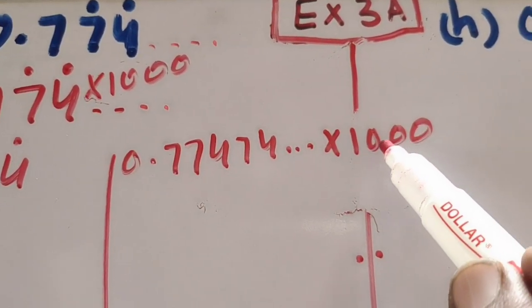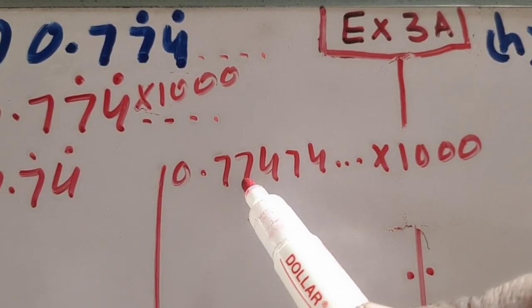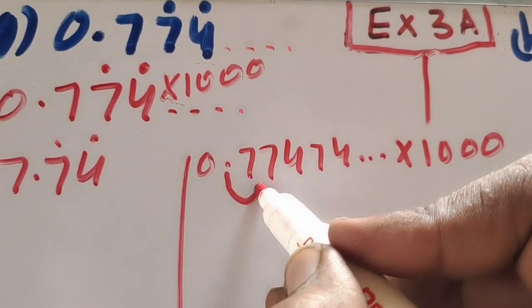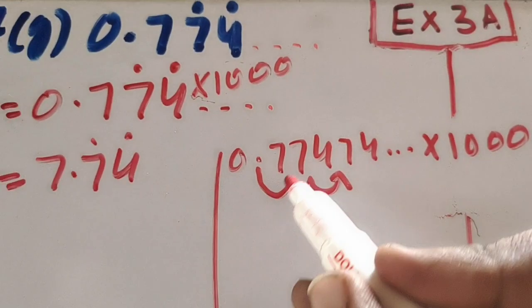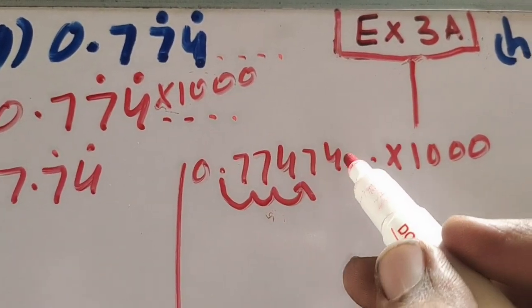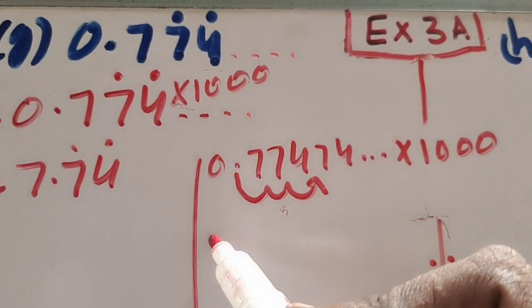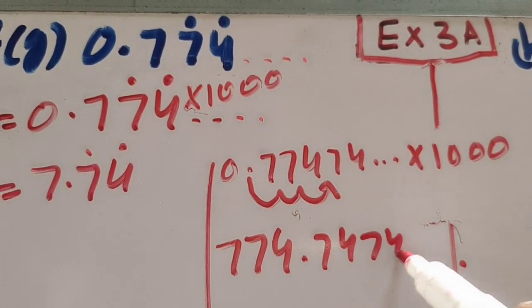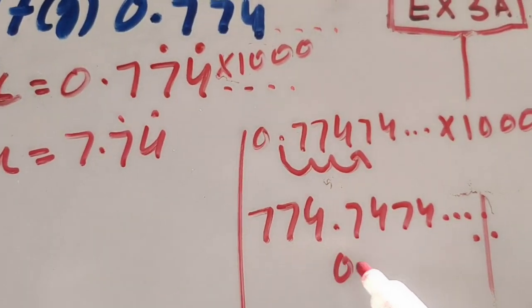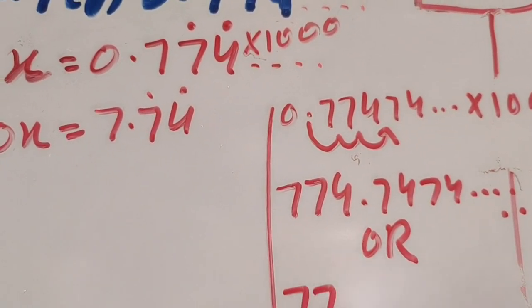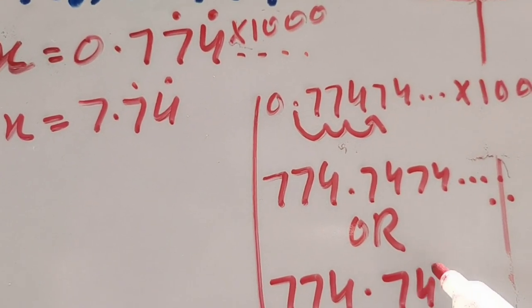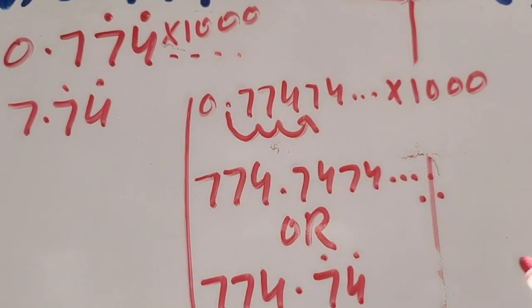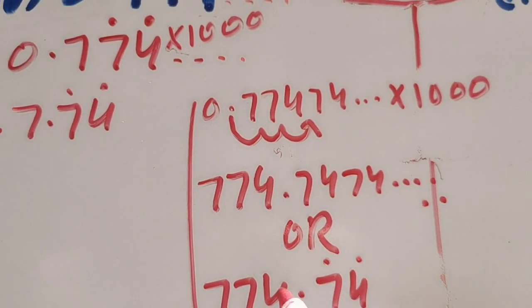Now 1000 has 3 zeros, so the decimal will move 3 places to the right. It becomes 774.74 and so on. You can also write it like this, 774.74 with dots, because the sequence 74 is repeating.